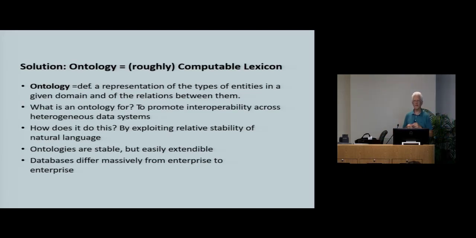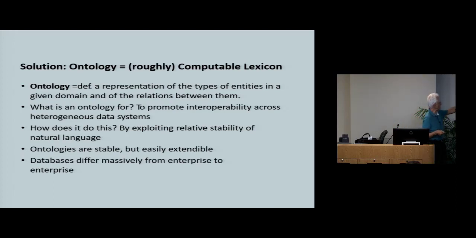But now it's not a representation of particulars. So remember the pictures of Linnaeus and so forth. It's a representation of the kinds or types or universals in reality. So that's the difference between an ontology and most databases, or between an ontology and a telephone directory. Ontology is not about instances, it's about kinds.